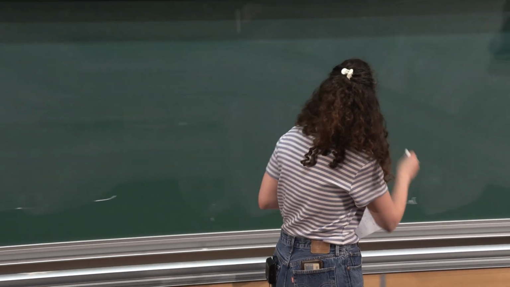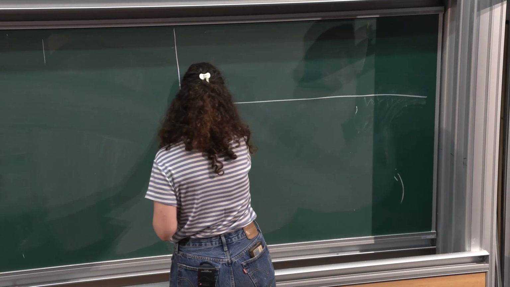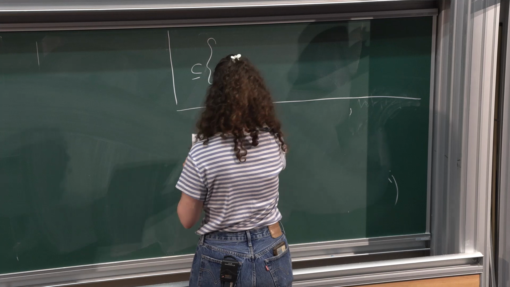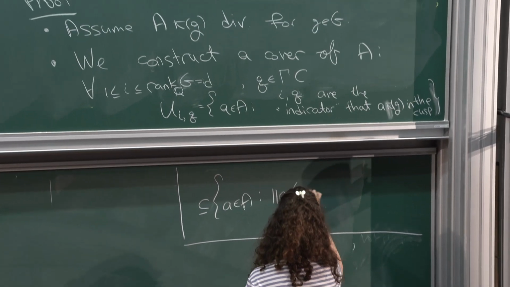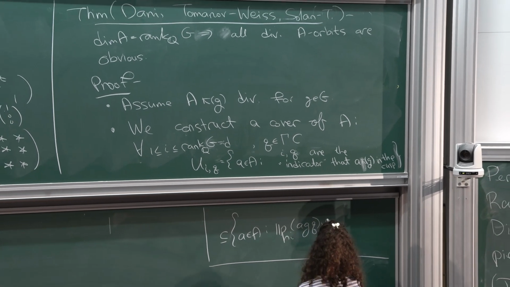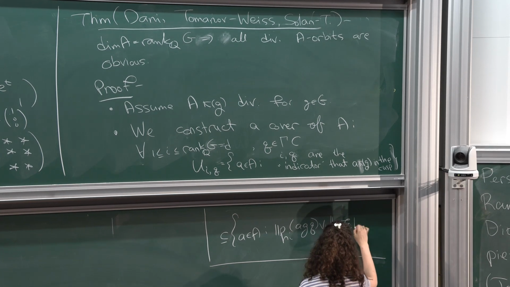I'm going to write it like that, because I want it to be close to this. And you can see that this is going to be contained in the points a in A such that ρ_i(a g q) is smaller than some epsilon(a).